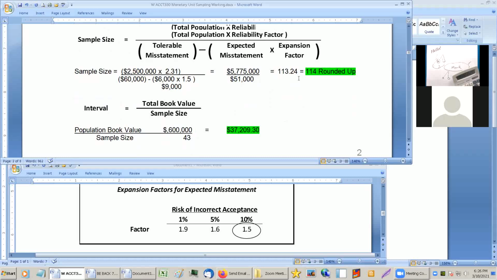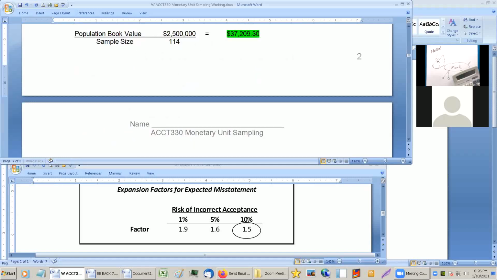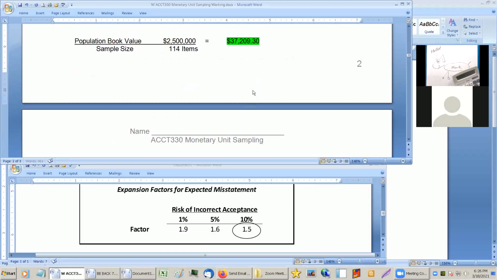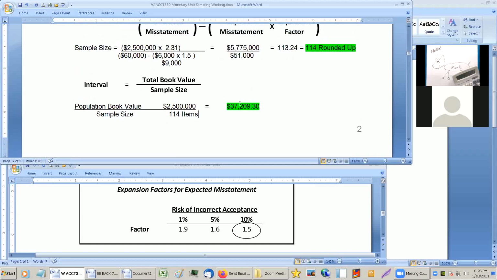It'll be close. It'll be about the same. It won't be too much different here. Again, if you use 113, it's absolutely fine.